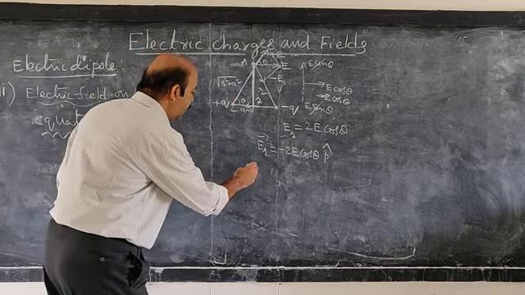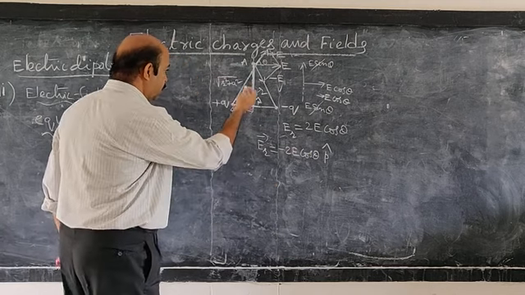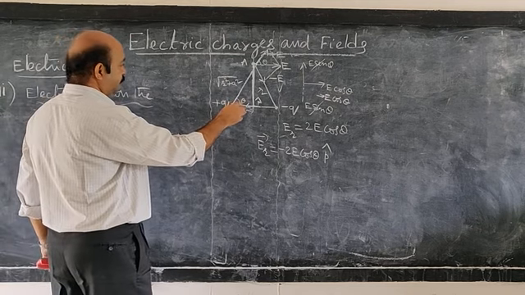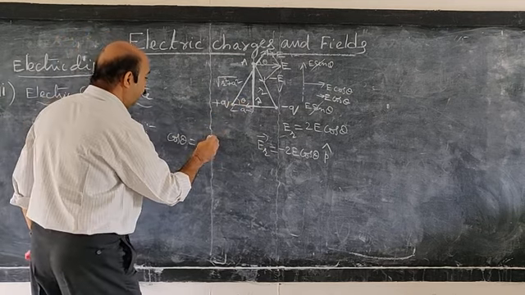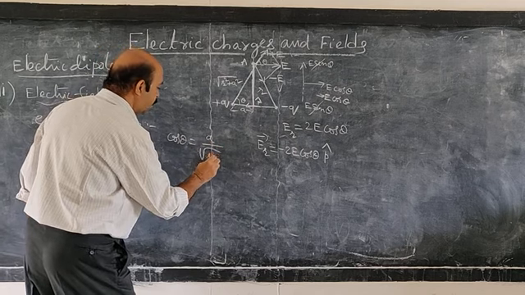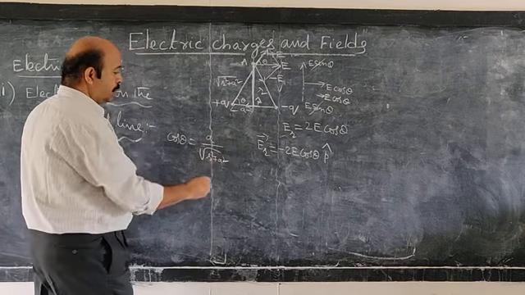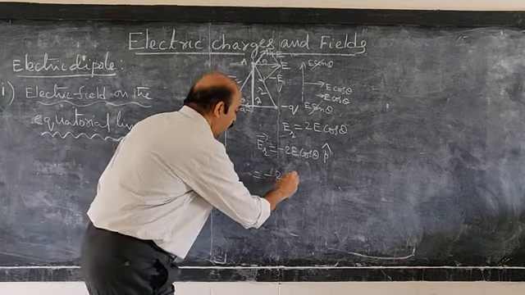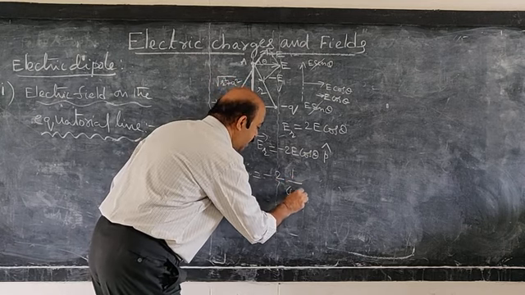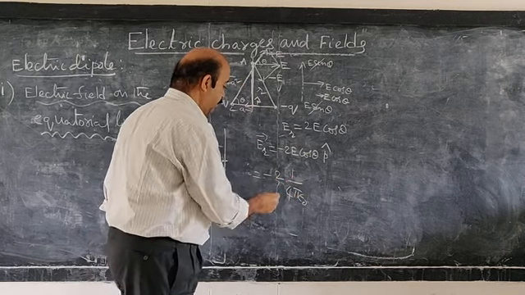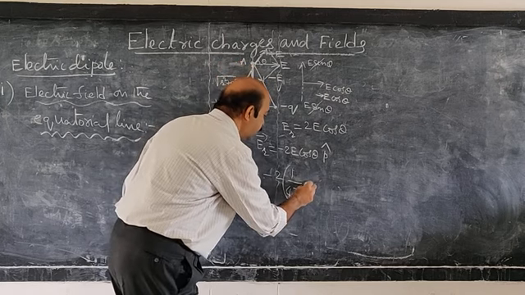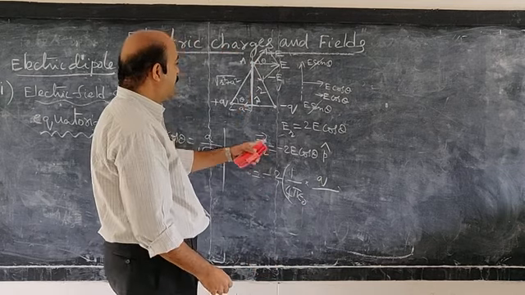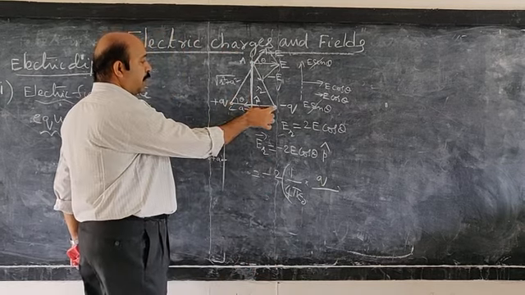And you can easily understand cos theta from the figure. Cos theta is the adjacent side by hypotenuse, that is a by square root of r square plus a square. So I can write minus 2 into 1 by 4 pi epsilon naught into q by the distance squared, because the distance from either side is the same.